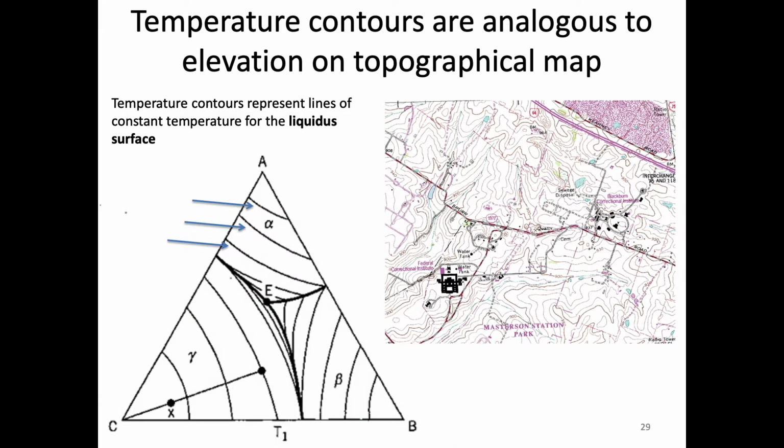And that's really what this is showing. So you are often going to see a ternary phase diagram that has these temperature contours, and again, it's representing the liquidus surface. So that's what these lines are representing. And so in this case, it's very similar to the 3-dimensional one we saw, because it's a eutectic where everything is flowing down towards the eutectic point.